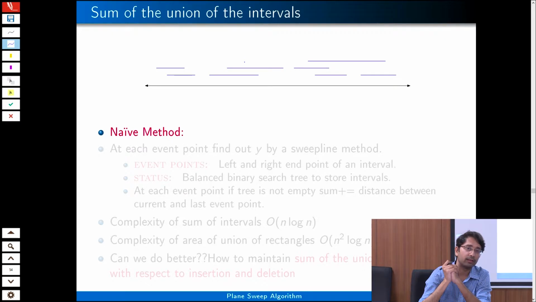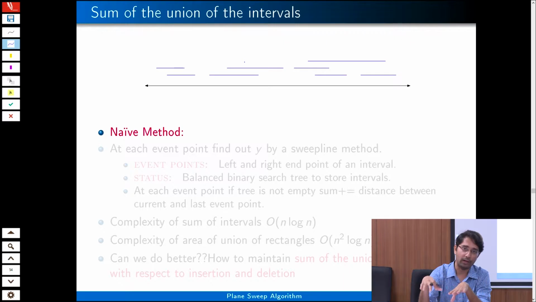If the rectangles are oriented horizontally and vertically, then first we will take the projection along the axis to know the distance between two sweep lines. After we take the projection along the x-axis, at one event point there is a sweep line. At the next event point there is another sweep line. You are proposing another solution to the previous problem? Just to calculate the union of this length actually.